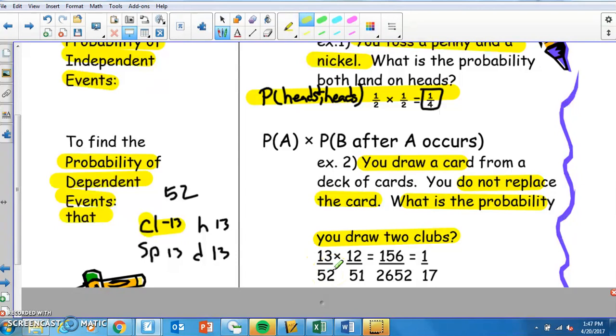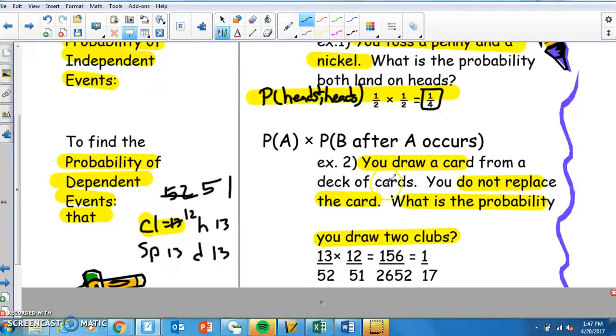All right, we're going to take that card out. We're not putting it back in. So when I do not put that card back in, we now have 51 cards. We're going to assume that we took out a club the first time. So if I took out a club, that means we now have 12 total clubs. So our second probability is going to be 12 out of 51.